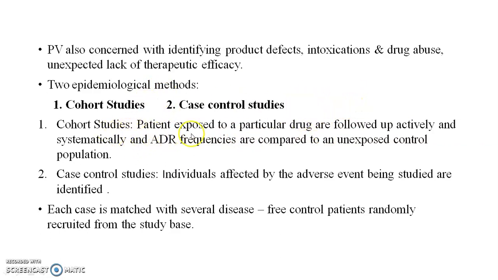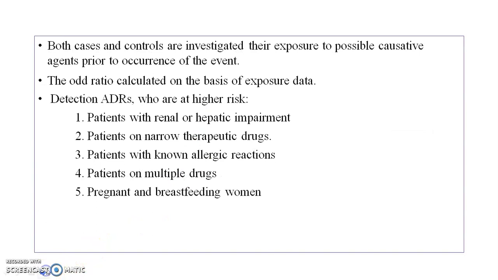The second is the case control study, where individuals affected by an ADE or ADR are studied or identified. Each case is matched with several controls, for example, patients randomly recruited from the study base. So usually these two studies, cohort studies as well as case control studies, are widely used to identify ADRs.